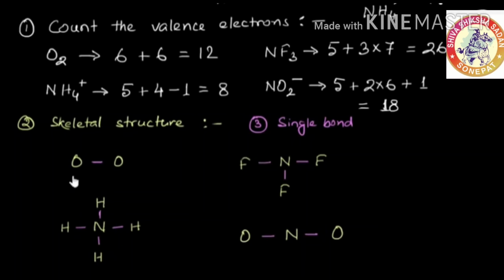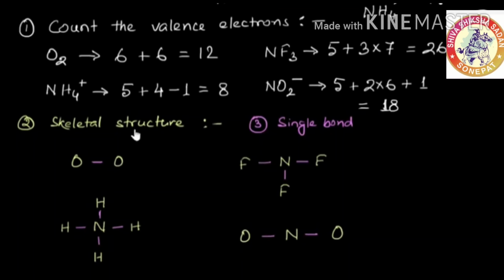The fourth rule is to place the valence electrons on the atoms. So first molecule is oxygen. Here 2 oxygen atoms, 12 electrons are present.